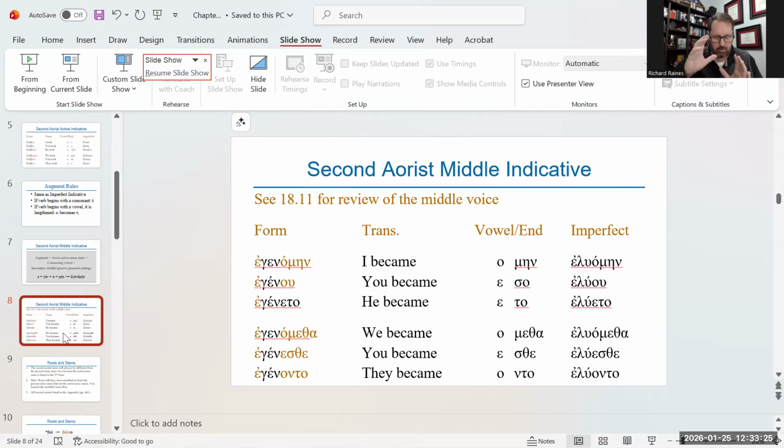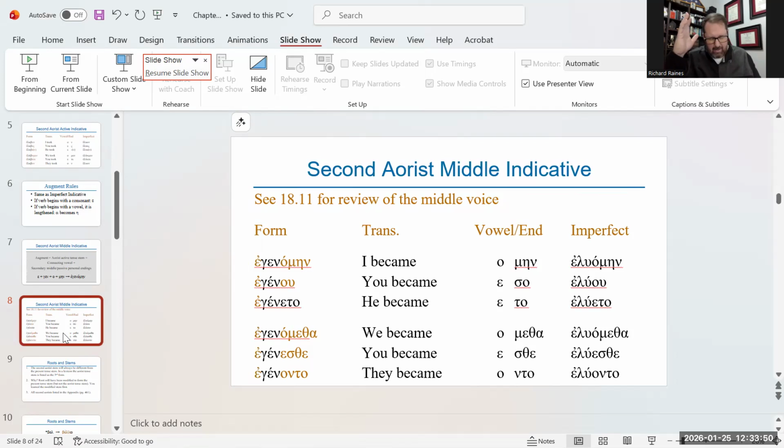So you should recognize those endings. You've seen those endings before. You've done paradigms of those endings before. You've translated sentences with those endings before. So you've learned the endings. And in the vocabulary, you're going to learn the word ginomai, and you're going to learn to recognize that stem, and you're going to see that augment.